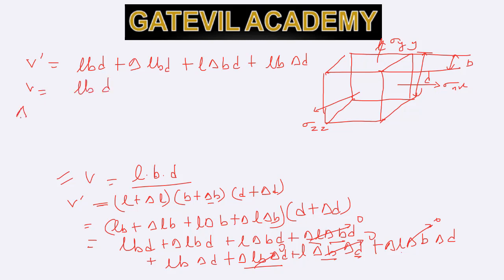So the change in volume, which is represented by delta V, will be V dash minus V, which will be equal to delta LBD plus L delta B D plus LB delta D.